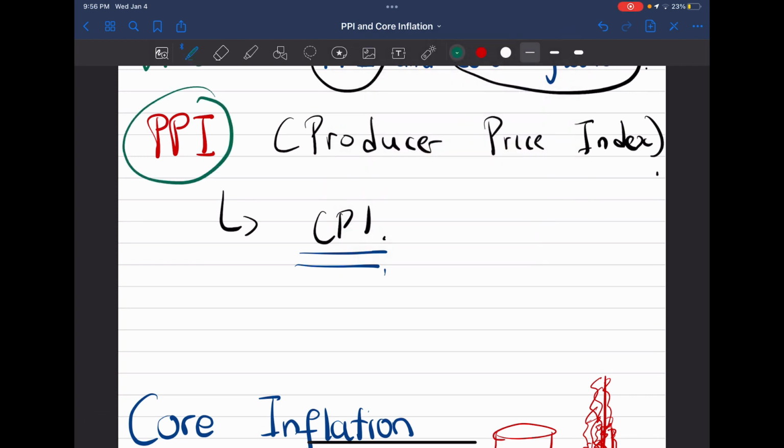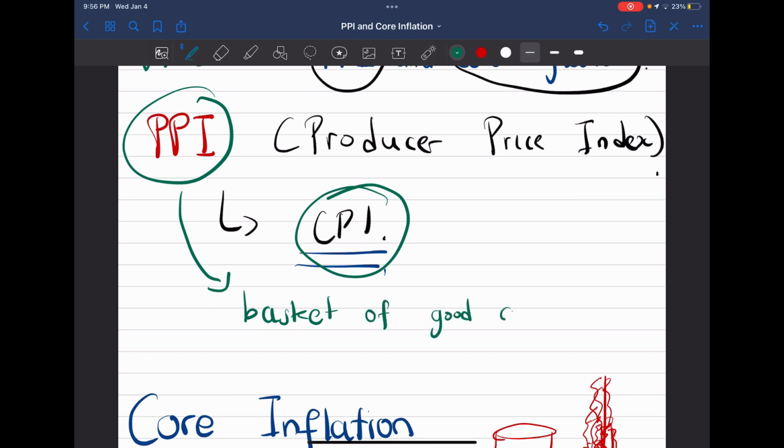The mechanics to calculate the PPI are the same as calculating CPI, only that the basket of goods and services in the Producer Price Index includes the goods and services purchased by firms.